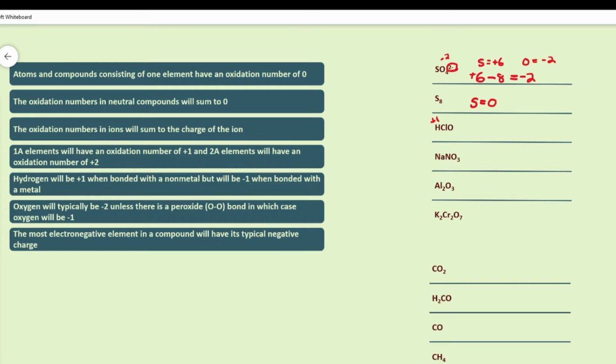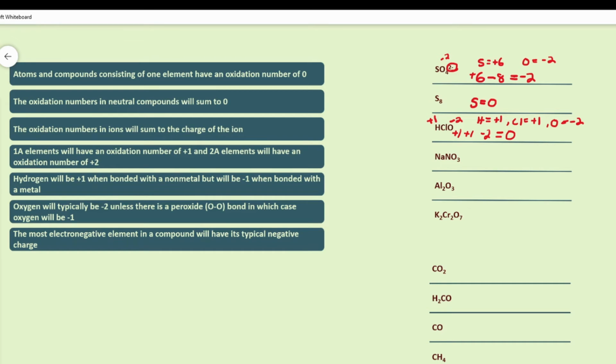And oxygen is the more electronegative of these two, so it's going to keep its charge of -2. So the chlorine has got to be +1 to make all this add up to 0. Final answer: H equals +1, Cl equals +1, O equals -2.